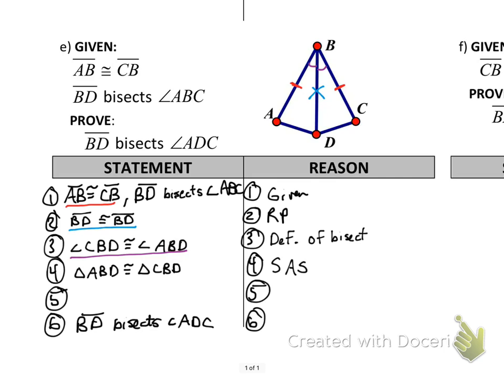We have to show some angles are congruent. There you go. You just named them. Good job. Angle ADB has to be congruent to angle CDB, which is different from what we just wrote. And that's CPCTC.